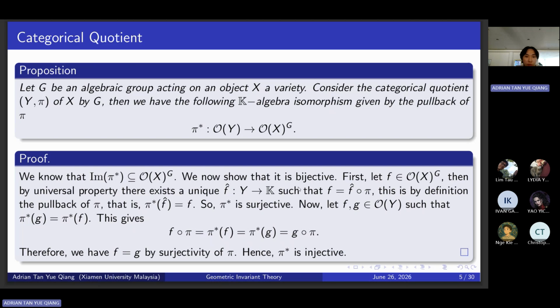The surjectivity comes from the fact that the way we define pullback totally agrees with how the universal property describes it. And injectivity comes directly from the surjectivity, from right cancellation. Okay, that's an easy fact.